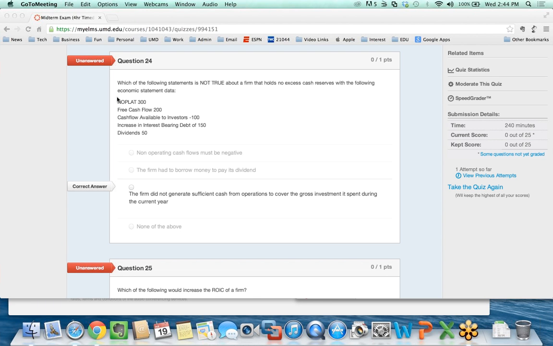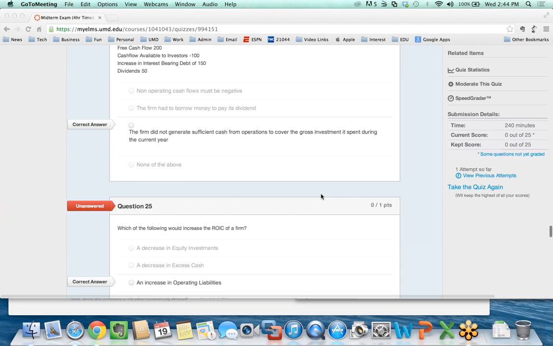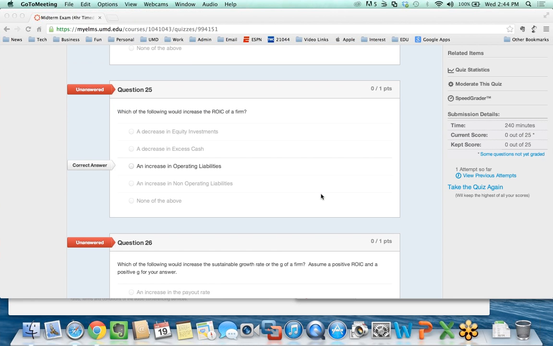And we had enough profit to cover the investment and still have a positive free cash flow. Since free cash flow is positive, we could cover our gross investment. So that one is the one that is not true. The firm indeed did have enough cash to cover its gross investment from operations, and that would be the one that is not true.